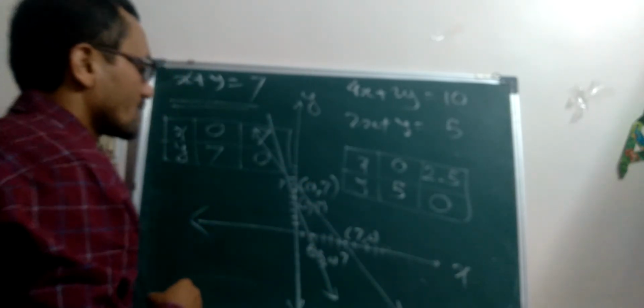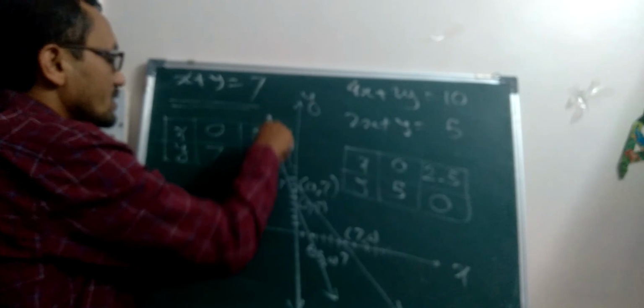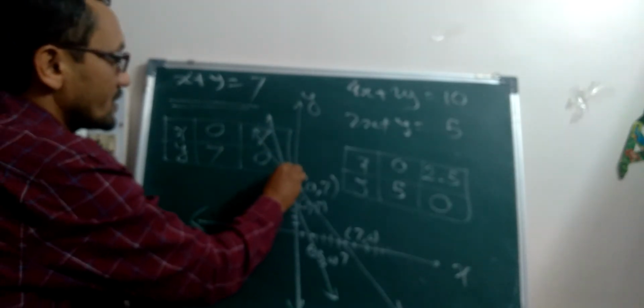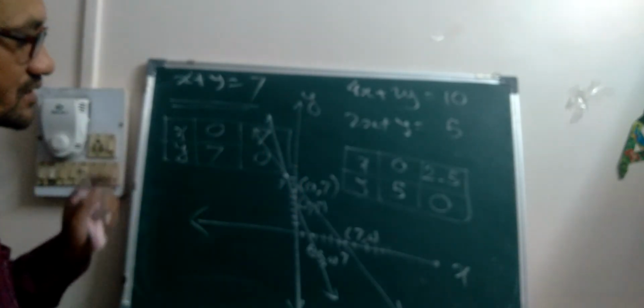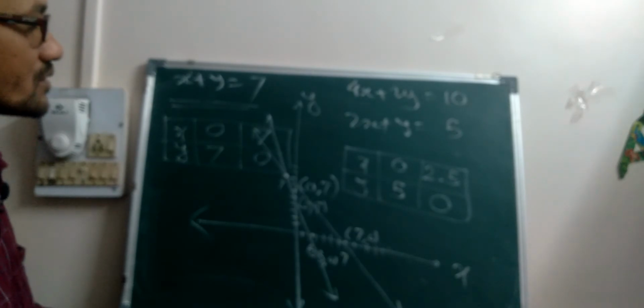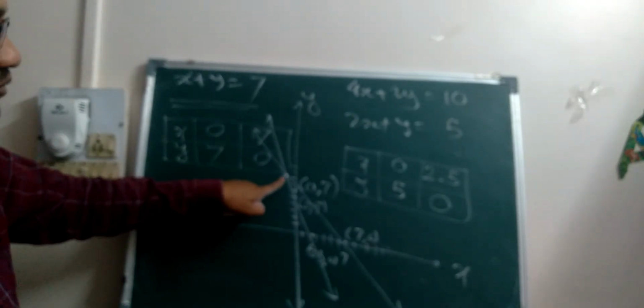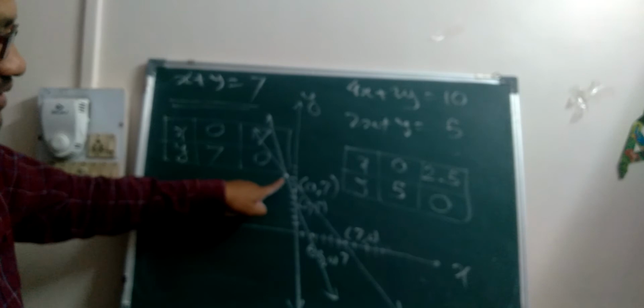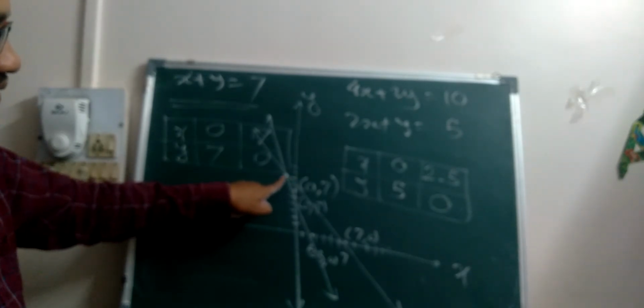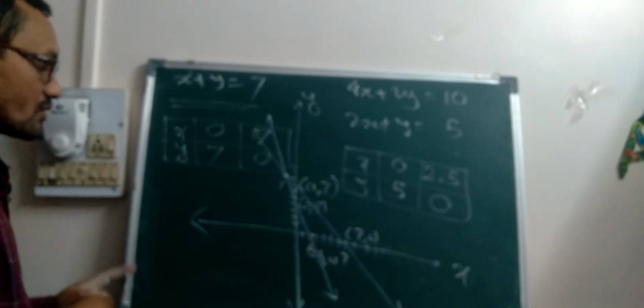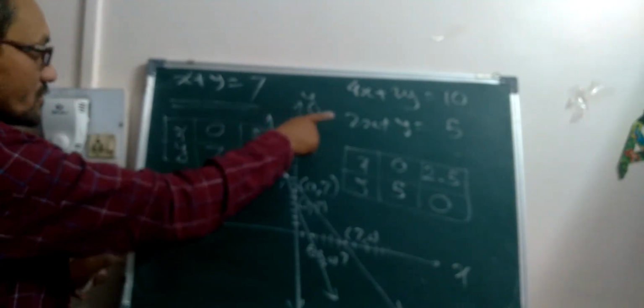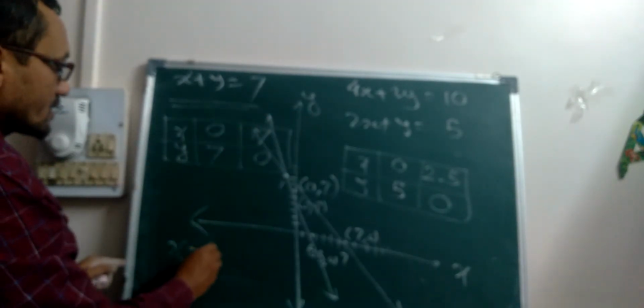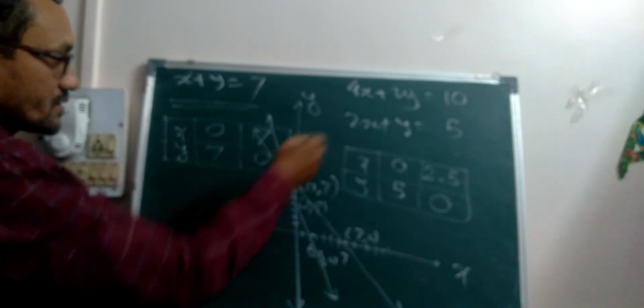So what is the intersection here? This is your intersection. How do we find such an intersection exactly? Whenever we don't get a proper answer from the graph, we can find it algebraically. Put x equals 7 minus y in this equation.